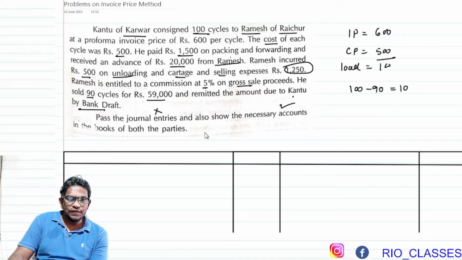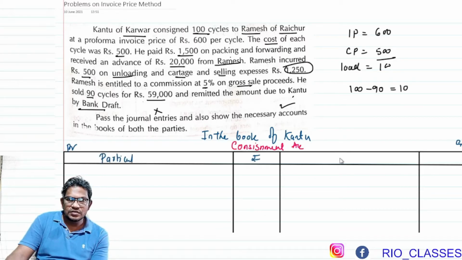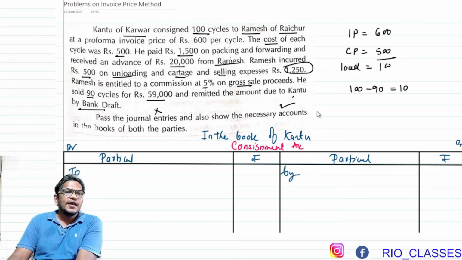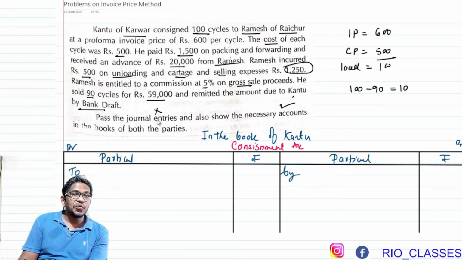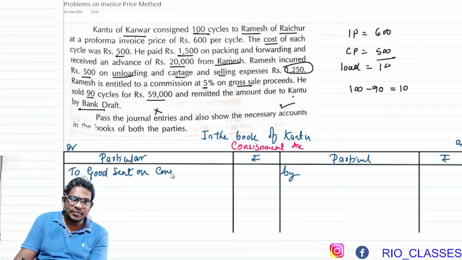In the books of Kantu, which account, my dear student? Consignment account. First, we are going to take goods sent on consignment.